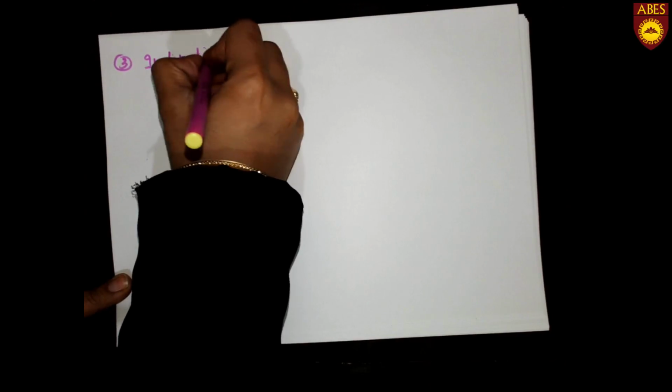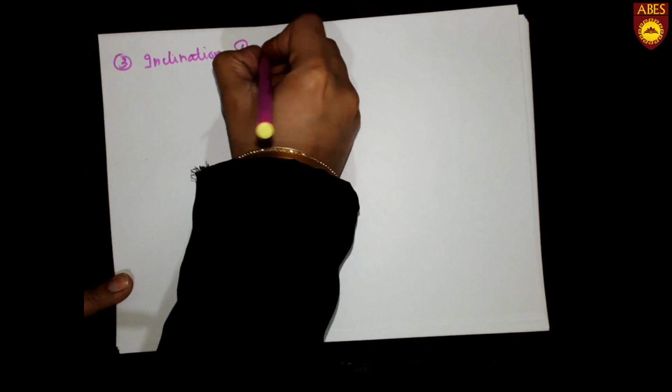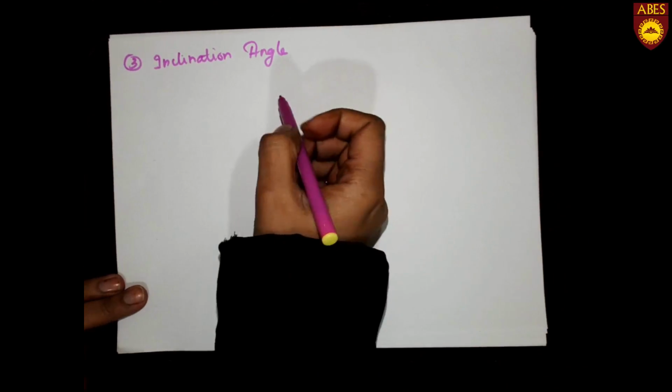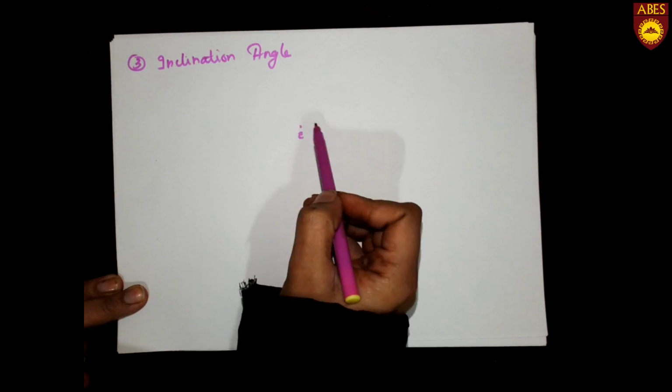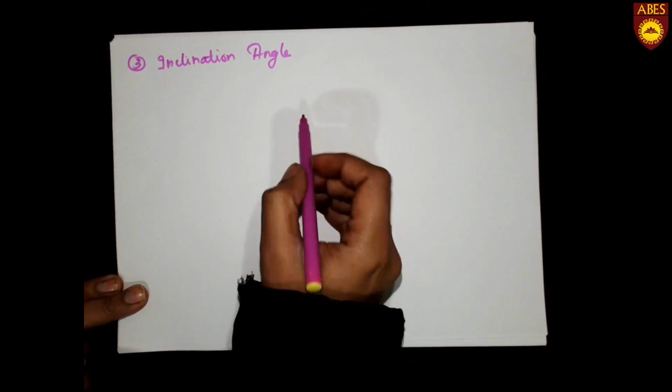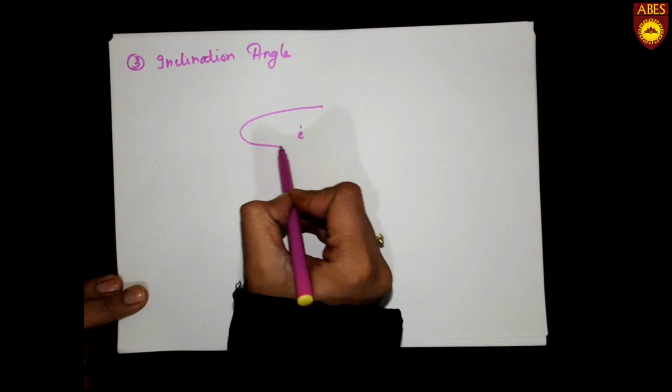Then we will talk about the third parameter, which is the inclination angle. We can consider that this is Earth, and the Earth has an equatorial plane, which is denoted like this.